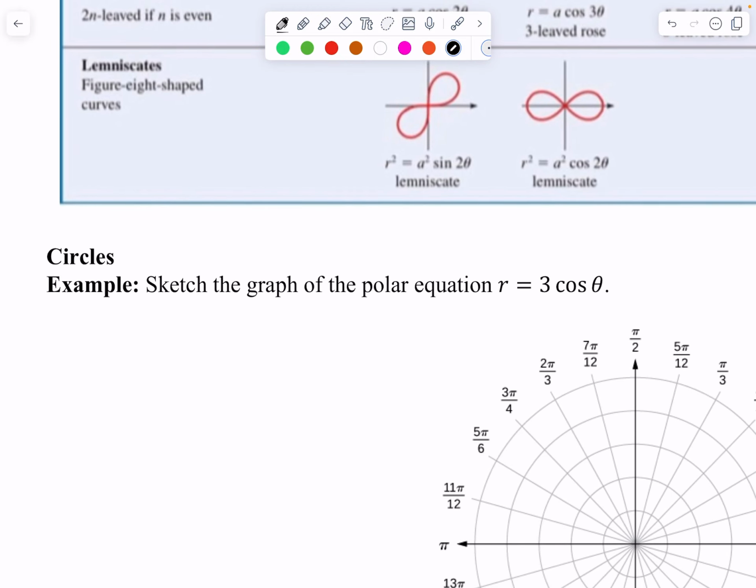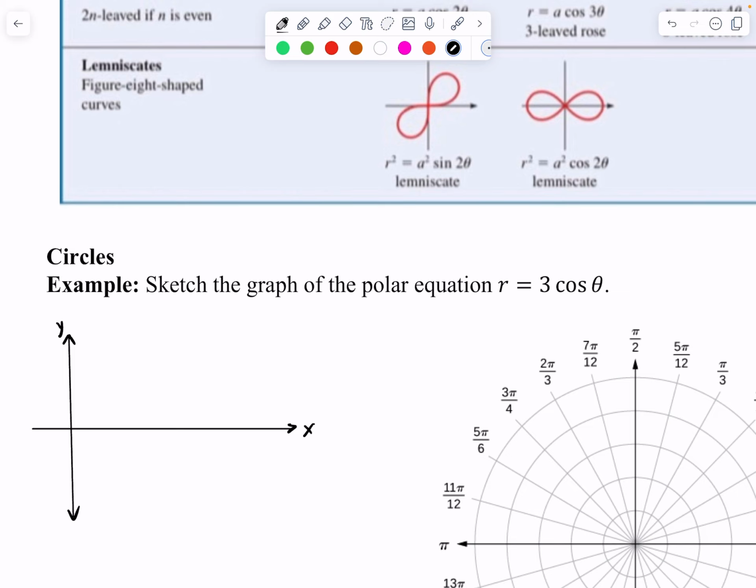We need to determine different values of r depending on what values of theta we choose. Well, we know how to graph in the xy plane y equals 3 times cosine of x, right?